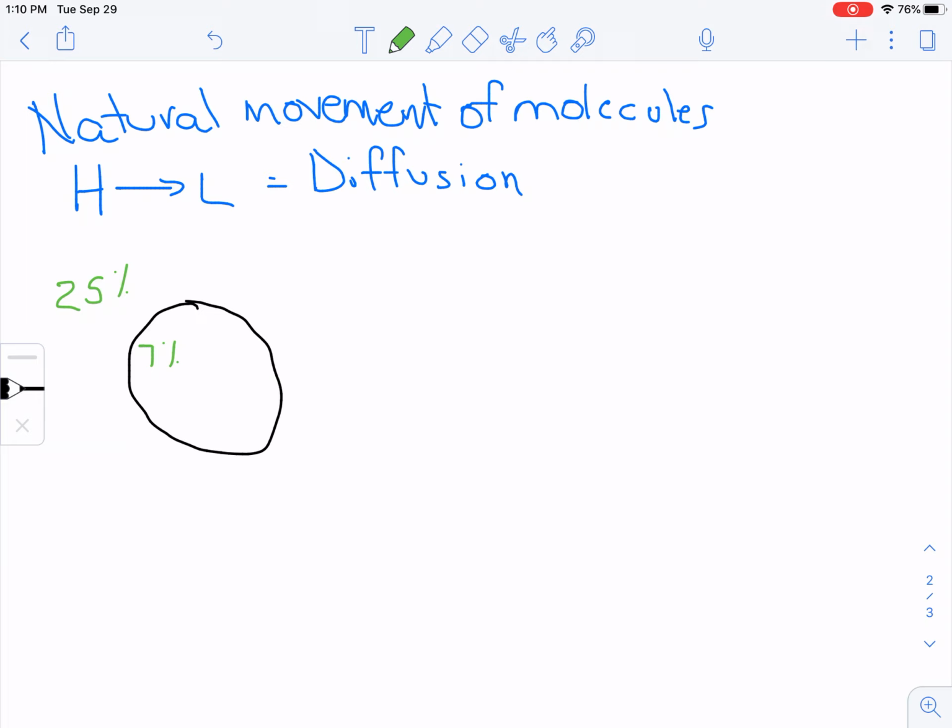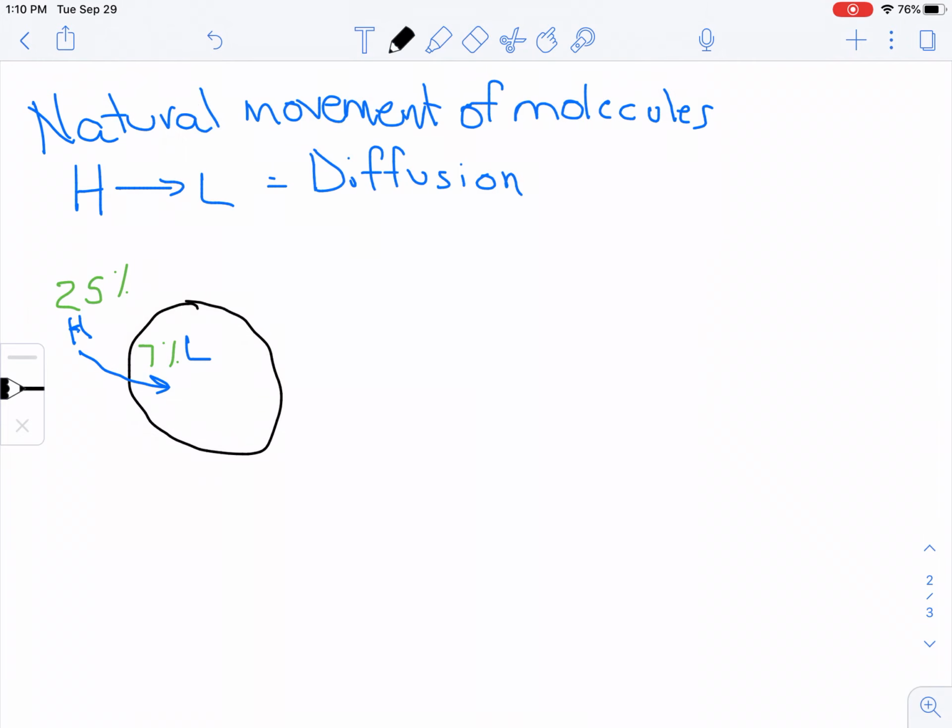Oxygen is going to want to go from where it's in high concentration to where it's in low concentration. That high concentration is out here, right? 25 is higher than 7, so I would label this as my high concentration. The 7% is less than 25, so I would label this as my low concentration. So I know that those oxygen molecules would move across the cell membrane and go into the cell.